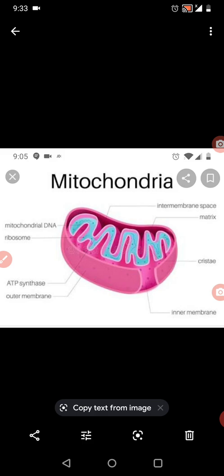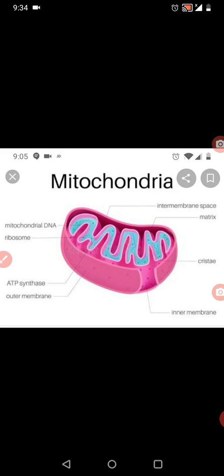So in this sentence we can say it takes in oxygen and exhales CO2, which works as the cellular respiration process. So this is the first function of mitochondria, that it helps in cellular respiration.